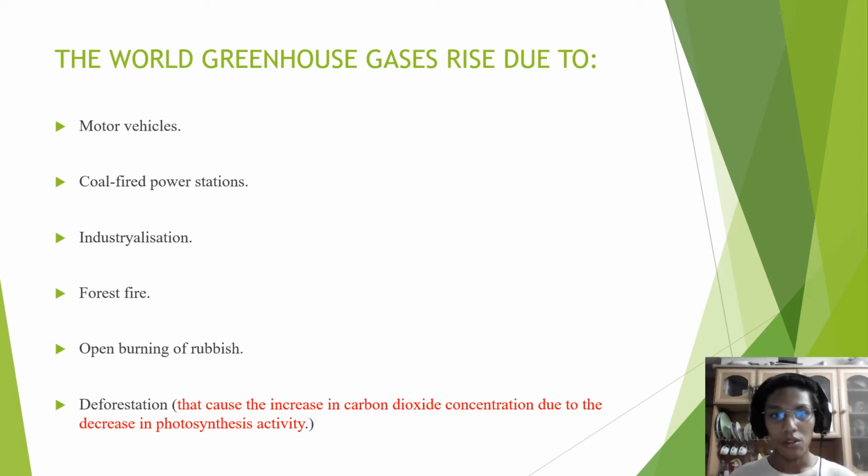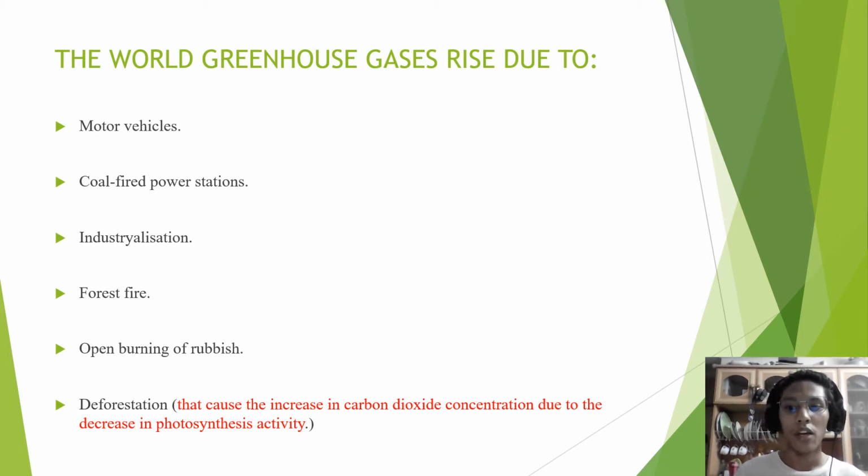Okay, so what contributes to the rise of the world's greenhouse gases? For the first example, motor vehicles. As we all know, motor vehicles are vehicles that have an engine and use petroleum to operate.